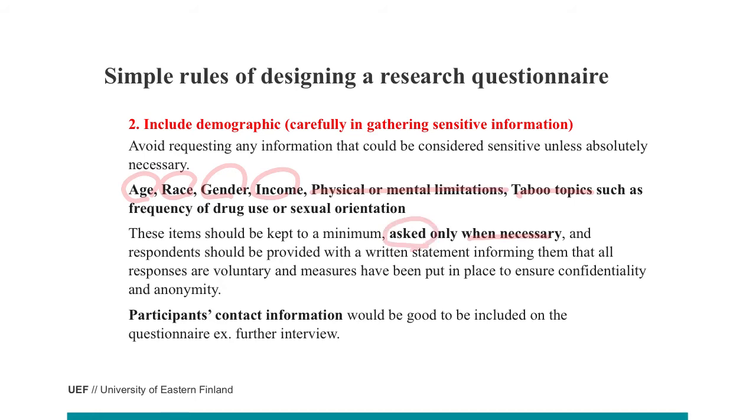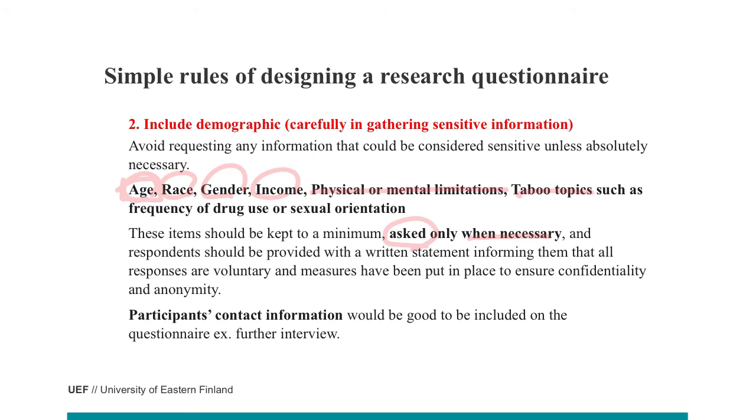If not, you'd better avoid it. So in case you want to see, let's say, the gender differences in the interest, you can ask about gender. But otherwise, you don't really need to collect the gender information. Or if you want to see how age affects the result, you can collect the age. But if not, try to avoid it.